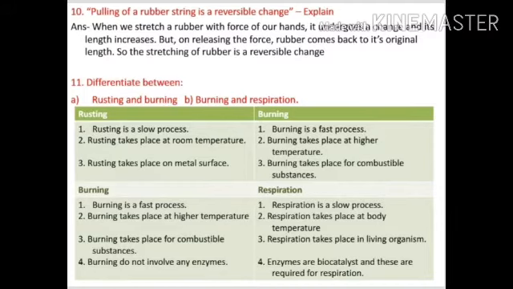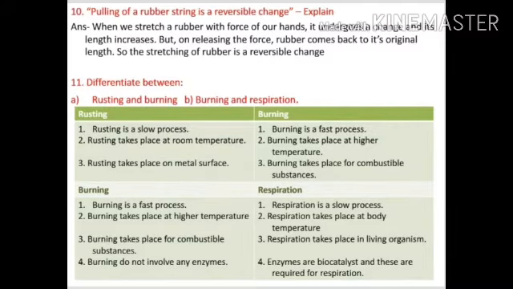Number B, differentiate between burning and respiration. Number 1, burning is a fast process. Number 1, respiration is a slow process. Number 2, burning takes place at higher temperature. Number 2, respiration takes place at body temperature.